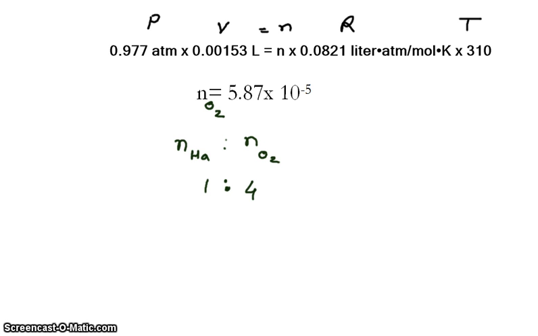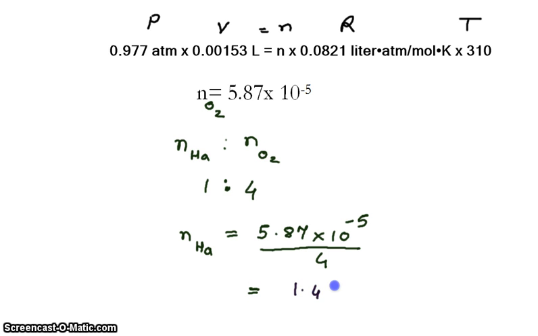Therefore, number of moles of hemoglobin taking part in this reaction equals 5.87 × 10^-5 divided by 4. And so we get the answer, number of moles of hemoglobin taking part in this reaction, 1.46 × 10^-5.